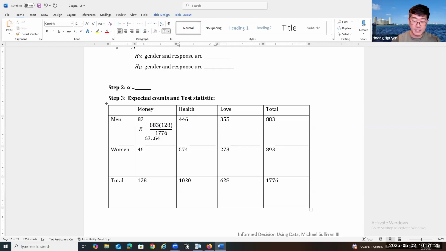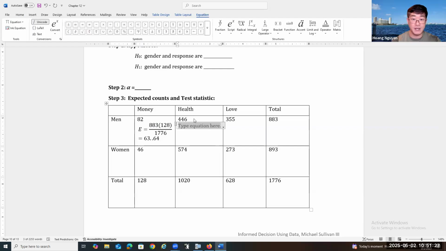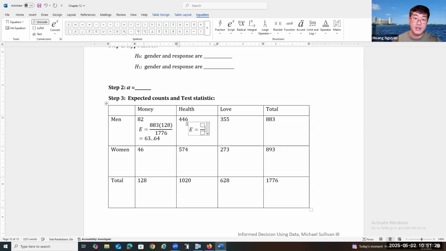Similar idea for the next cell: row total 883, column total 1020, divided by the table total 1776.